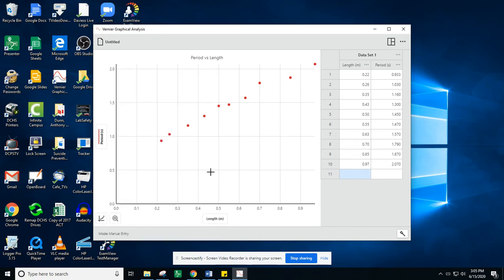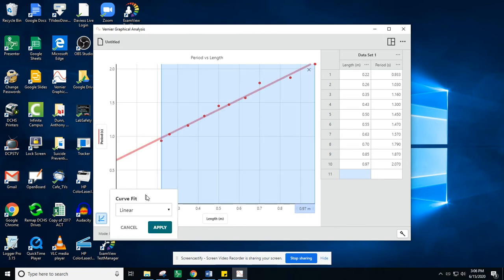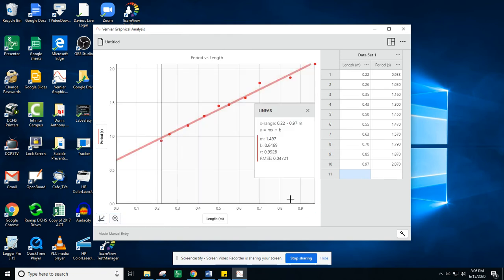Now, when you look at this, it looks linear. I mean, look at that. If we do a best fit line, let's see, you get what looks like a decent fit. R factor, point, if you've had statistics, you know what that means, that looks really linear.